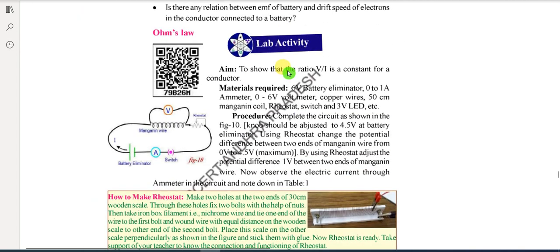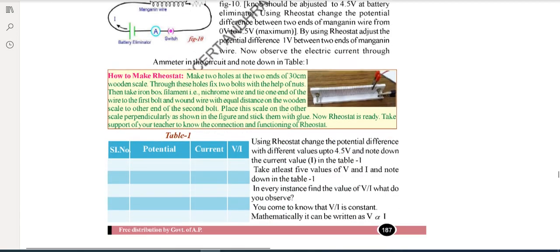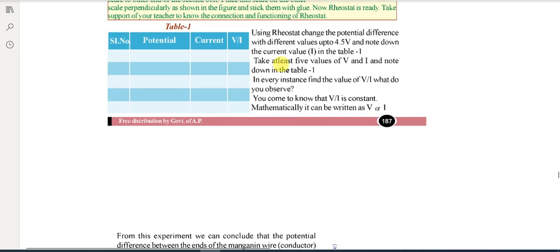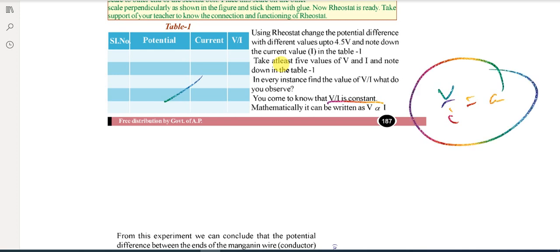Okay, so in Ohm's law, the diagram is very important: ammeter, switch, and voltmeter. Ammeter is connected in series, voltmeter in parallel, so 2 points are mainly important, and write the table also here. And then lastly, V by I is equal to constant, that is the main point.